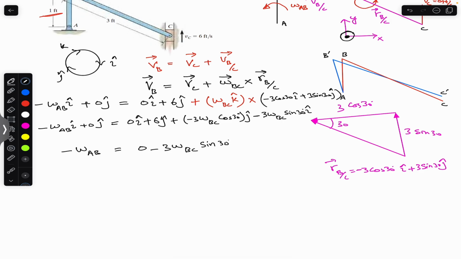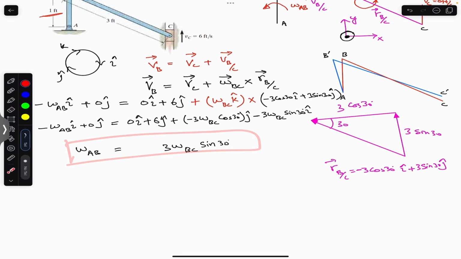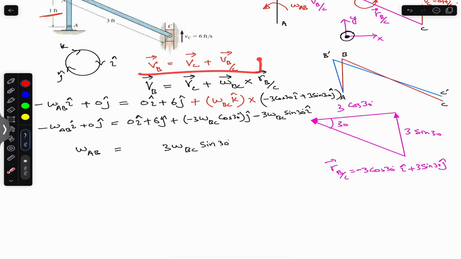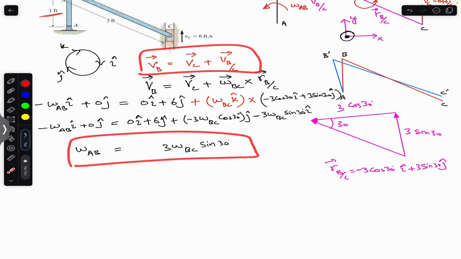And again, we can remove this 0. Minus will cancel out. So omega AB is equal to 3 omega BC sine of 30. We got this same equation using the other method by just adding the x components, by applying this equation in the horizontal direction.